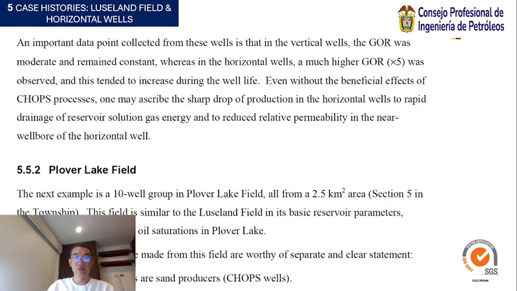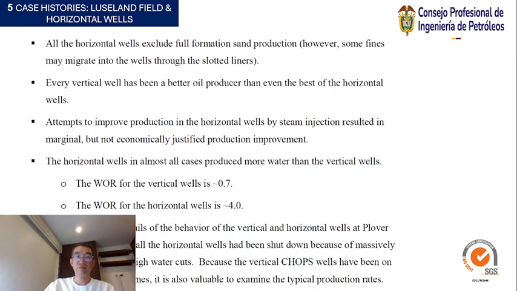All the vertical wells are sand producers, CHOPS wells. All the horizontal wells exclude full formation sand production. However, some fines may migrate into the wells through the slot liners. Every vertical well has been a better oil producer than even the best of the horizontal wells.